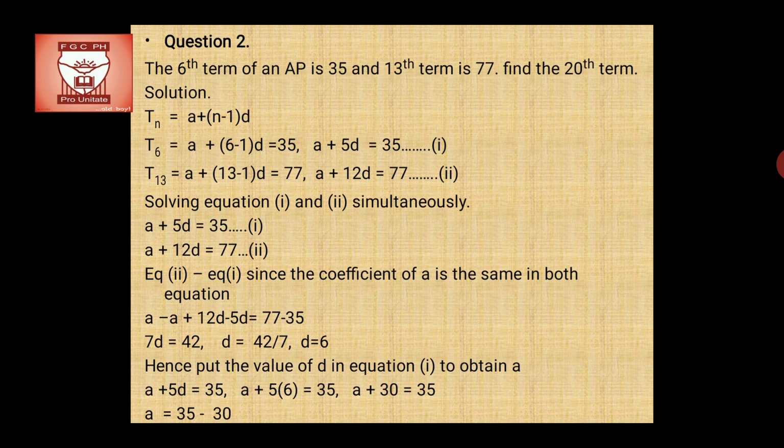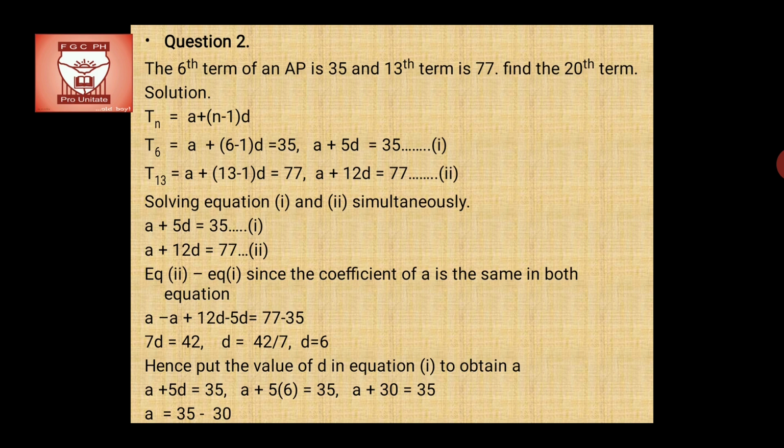T sub n is equal to A plus (n minus 1) D. When we solve from this formula, from the sentence, we are given the value of the 6th term and the value of the 13th term. We will use these values to form two equations, which is as follows.